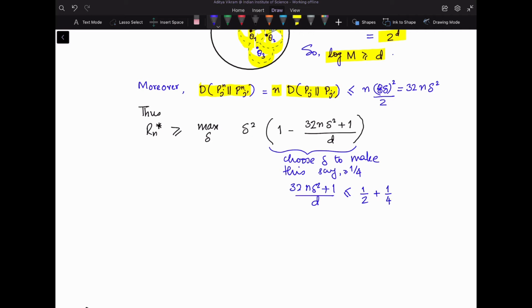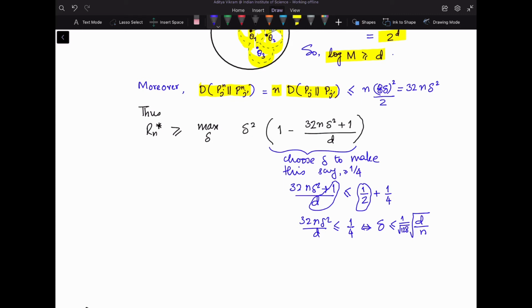This 1 by d factor here would be less than 1 by 2 if d is greater than or equal to 2. And so all we want is 32 n delta square by d to be less than or equal to 1 by 4, which gives delta less than or equal to root d by n times one by root 128.